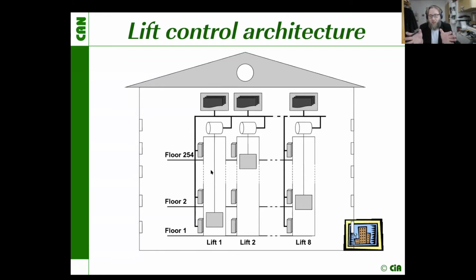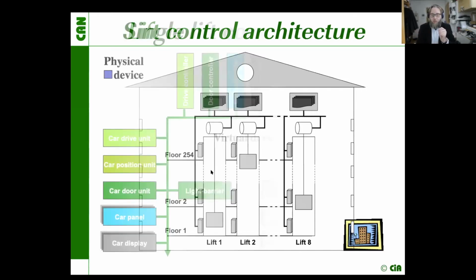I have up to 8 lifts in parallel, up to 254 floors, and I need to be able to segment the whole network into sub-segments, into sub-networks, and all the information needs to flow freely from one segment to another, and I don't care if there is a gateway somewhere, and I don't want to configure some gateway in between.